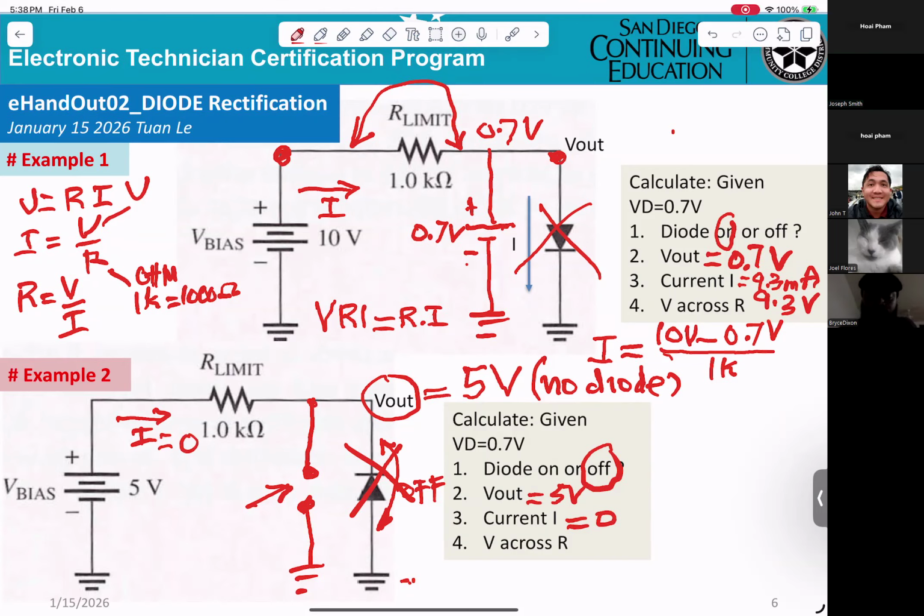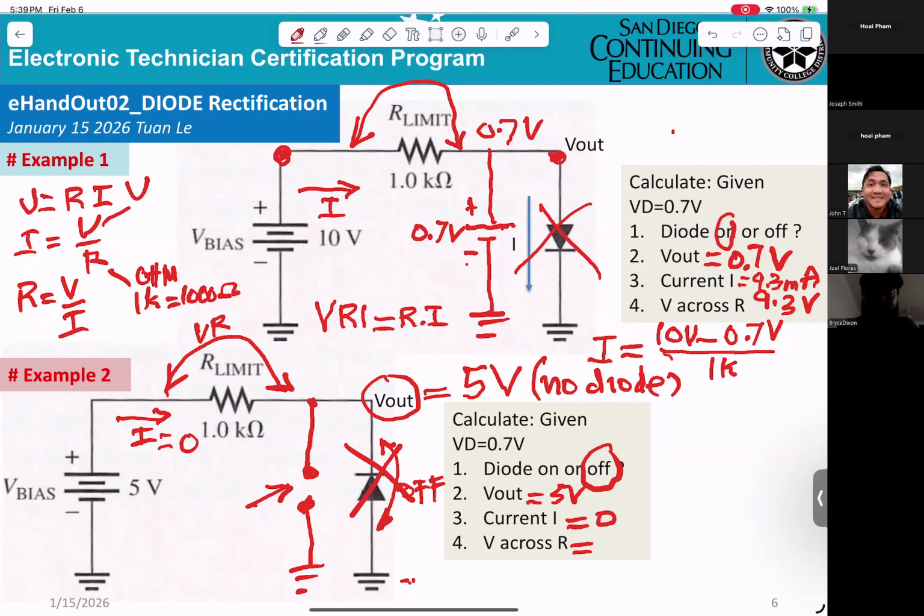And VR, that means the voltage across R. What does VR equal?